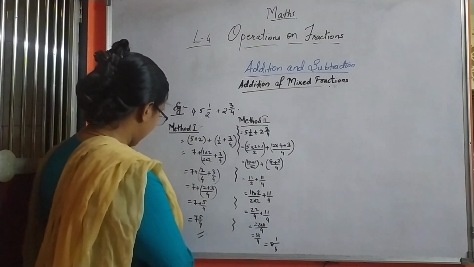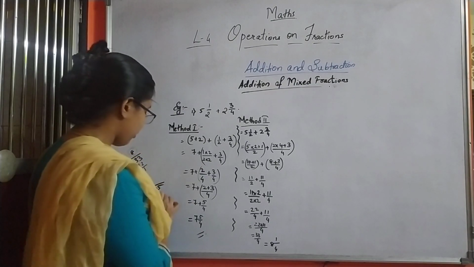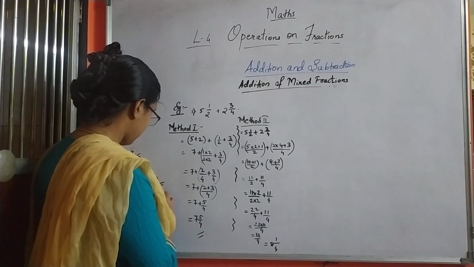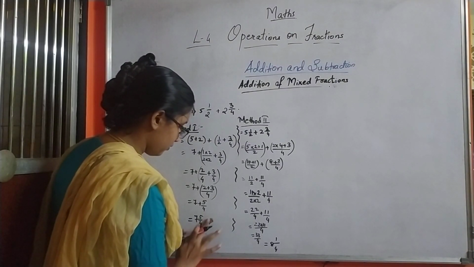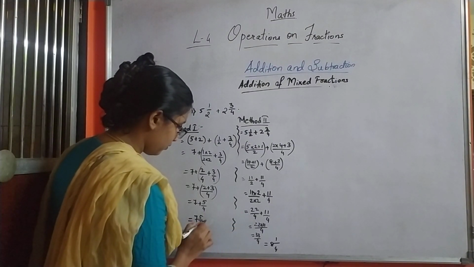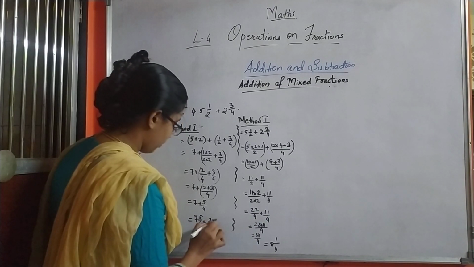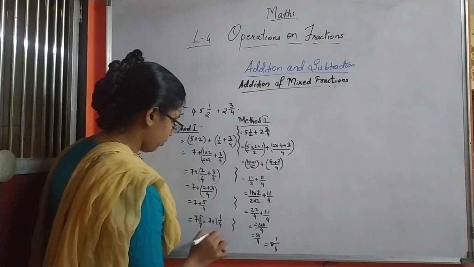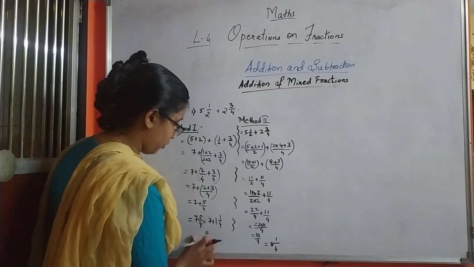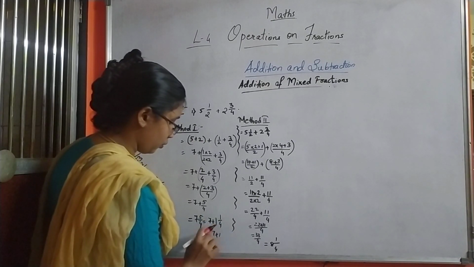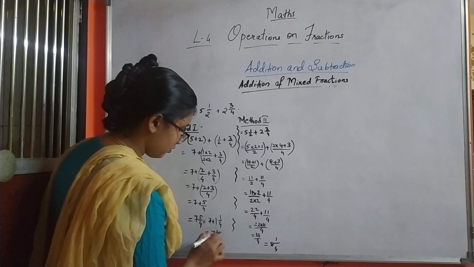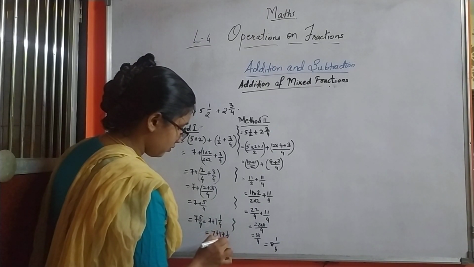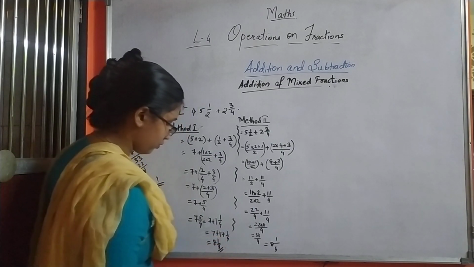So again if I divide 5 by 4, I will get this, which is again written as 7 plus 1 upon 4. Again two integral numbers I got. I will write it clearly. That is 8 1 upon 4.